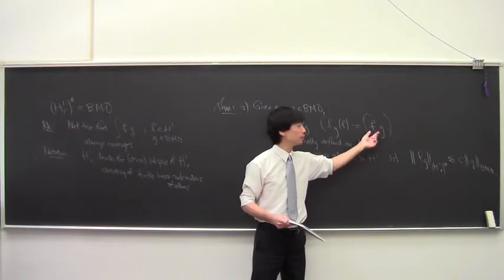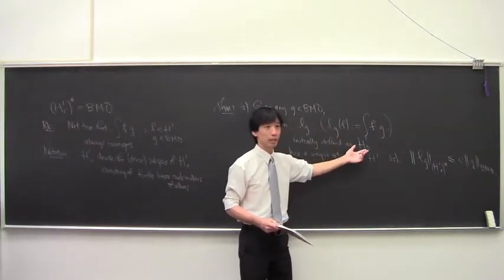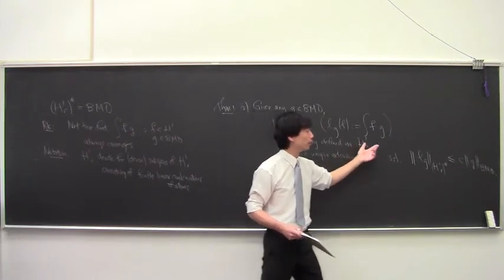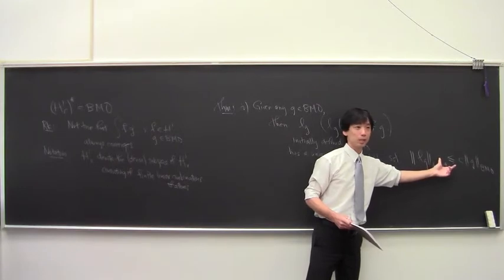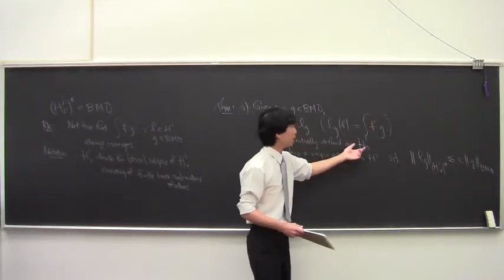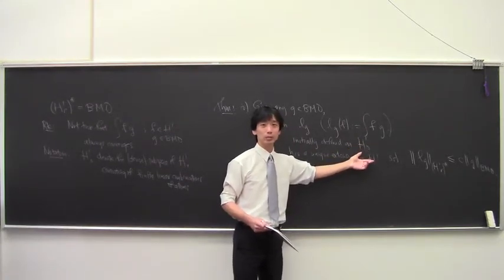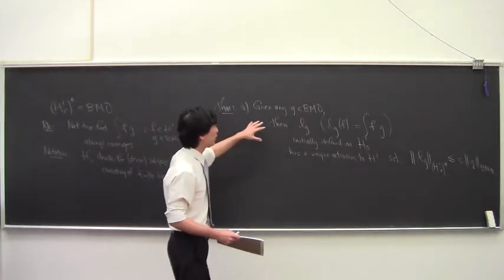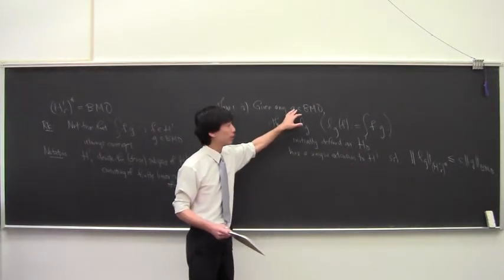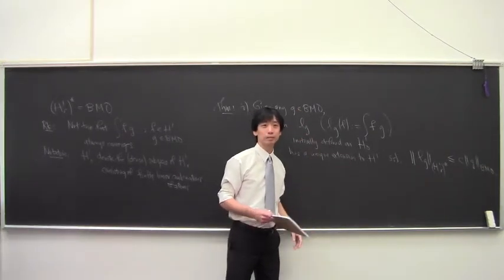So you don't have to worry about convergence. You initially define it here, show that it satisfies the norm condition, and then use the fact that H10 is dense in H1 to extend it to all of H1. It's in that sense that BMO can be realized as H1 star.